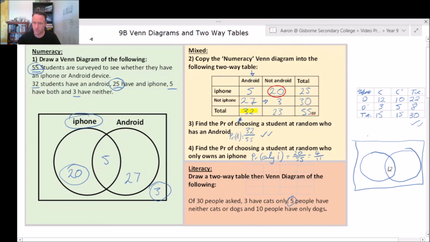Then I'll put dogs on this side, cats on this side. Those with dogs and cats was 12. Those with only dogs was 10 here. Then those with only cats was 3. That's that one there. And those with neither was 5. And that is transferring the two-way table down to there.